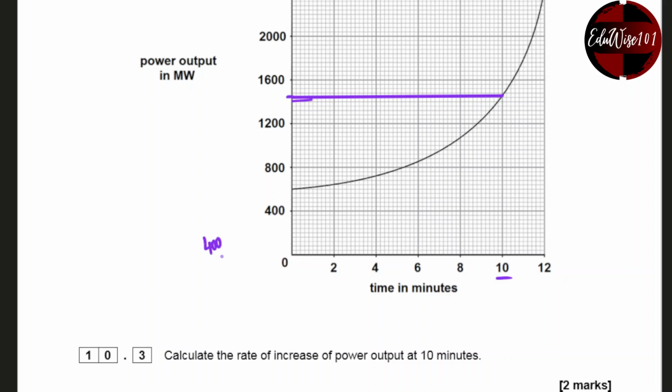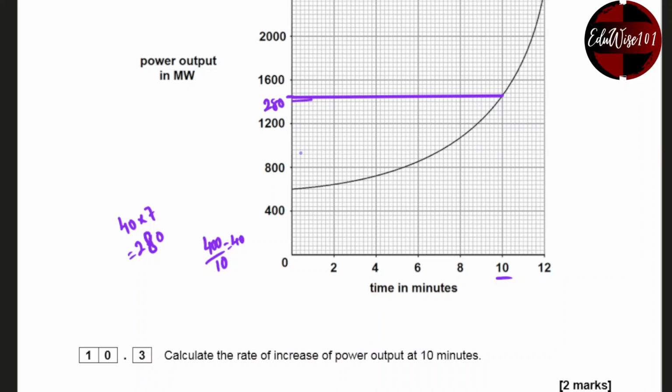So if I divide 400 by 10, that's 40. So that's about 5, 6, 7. 40 times 7 is 240. Am I right? So no, that's 280. Okay. 280. So I need to add another 280.